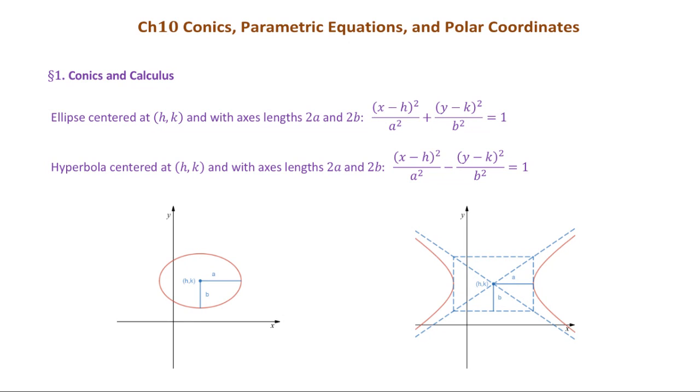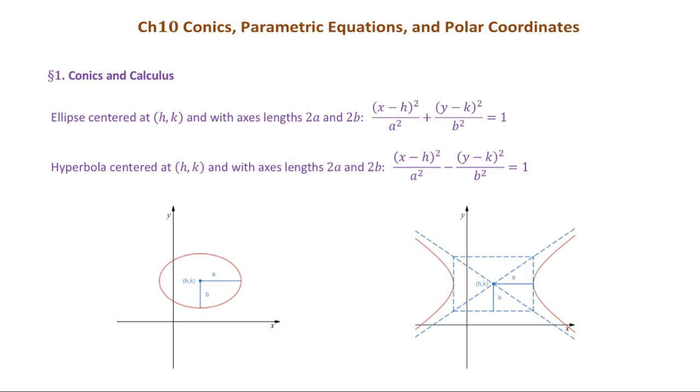You get something like this, and then you just draw the rectangle centered at h, k, and these are the geometric interpretation of this a and b. You draw the tangent lines to the two curves, okay, and then the equation for this curve will be (x minus h) squared over a squared minus (y minus k) squared over b squared equal to 1. So you just change plus to minus from the previous equation of the ellipse. You change the shape of the curve completely.